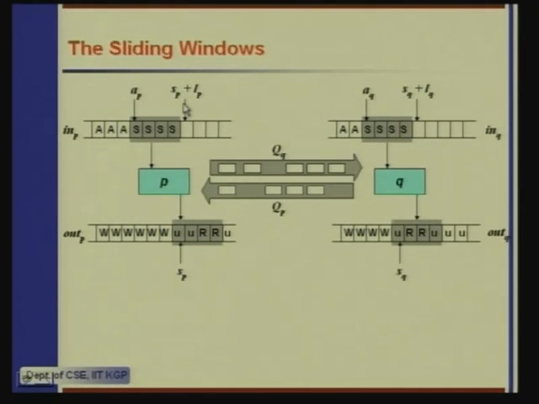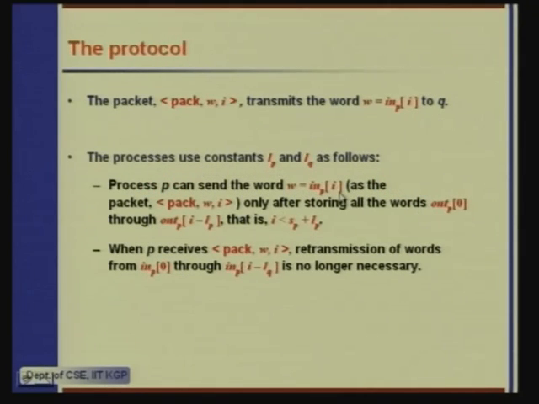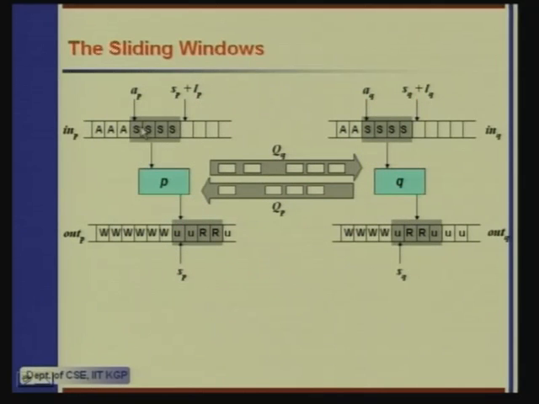Because we can send a packet I provided that I is less than SP plus LP, right. So, therefore, we can send all packets in this window. We can send packets in the window AP through SP plus LP minus 1.